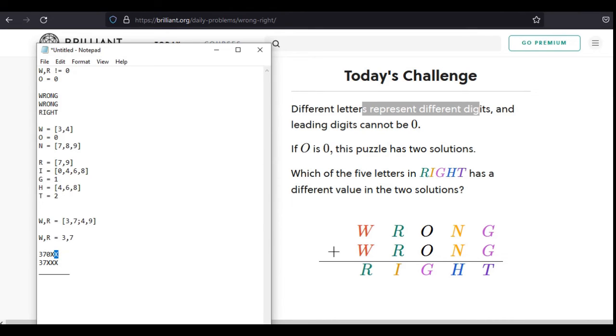G, we have a value for G, which is 1. So what happens? 1 plus 1 t is equal to 2. H, we do not know. This is 1 G. 1 R is 7 plus 7, 14. So 1 carries here, 3 plus 3, 6 plus 1, 7.